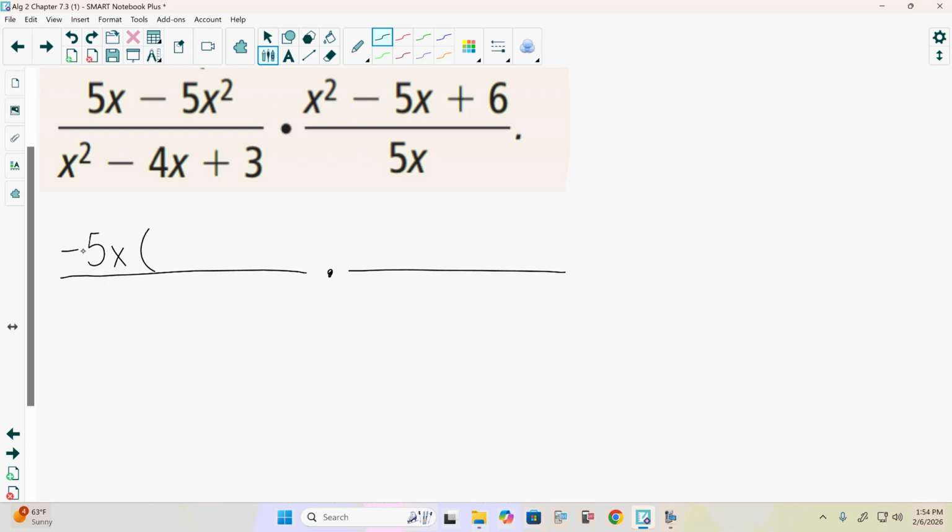Because if I factor negative 5x out of negative 5x squared, well, that negative is not going to be a negative anymore. It's going to become a plus. And when I factor the 5 out of 5x squared, 5 is going to factor out. And when we factor an x out of x squared, we get x. When we factor that negative 5x out of negative 5x squared, it's going to become positive x.